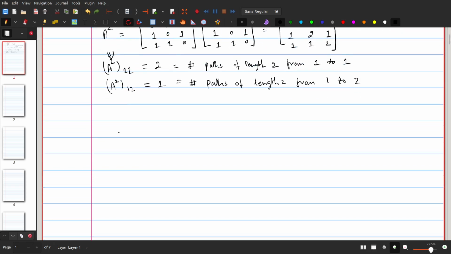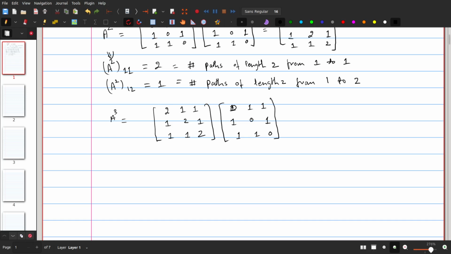If we consider the third power of A, then we have to multiply the second power again with matrix A. Zero, 1, 1, 1, 0, 1, and 1, 1, 0.